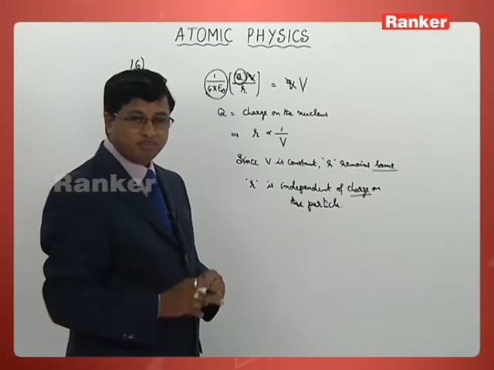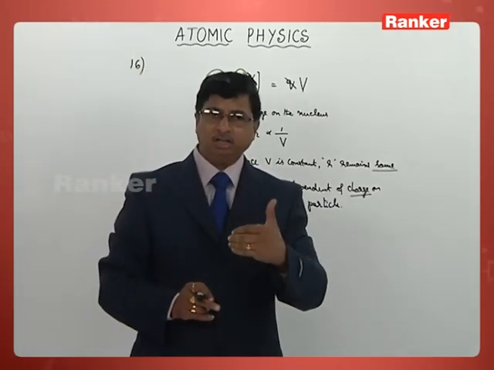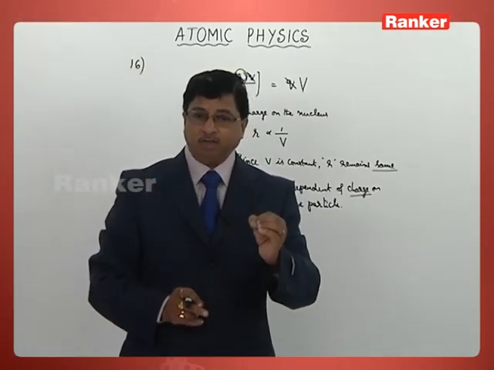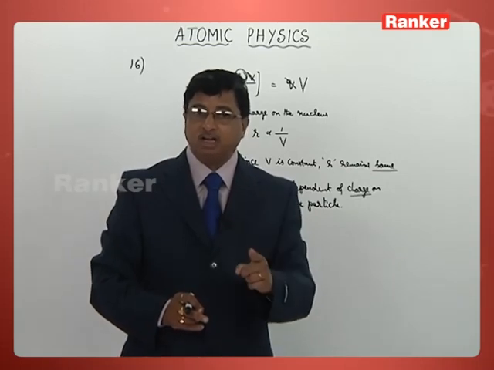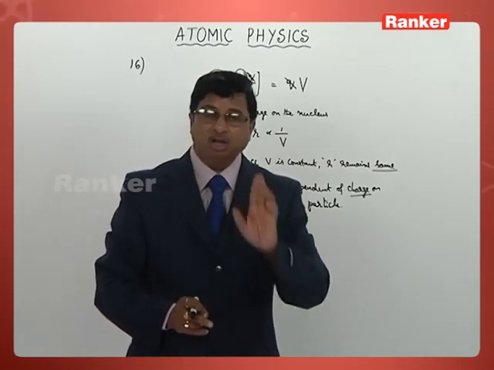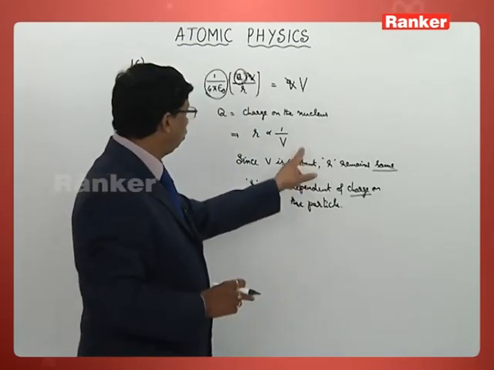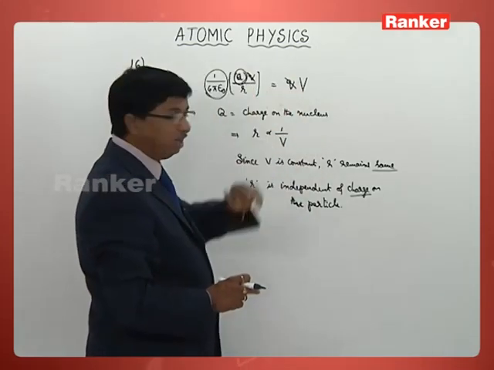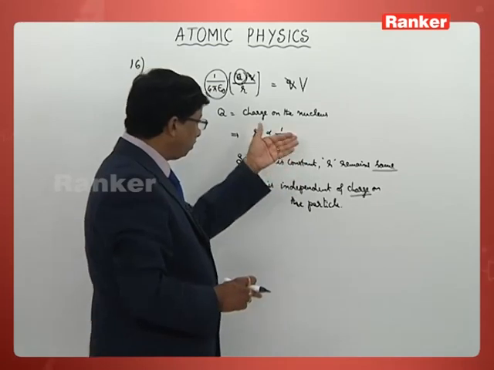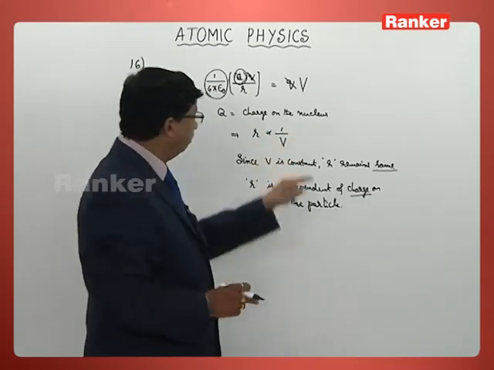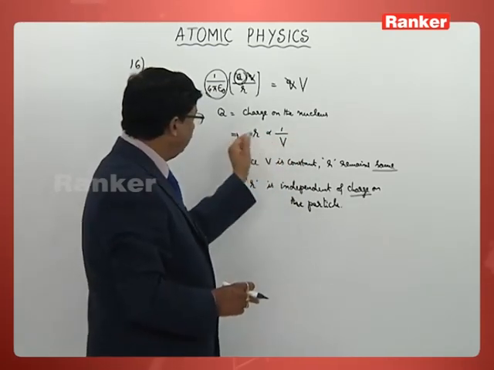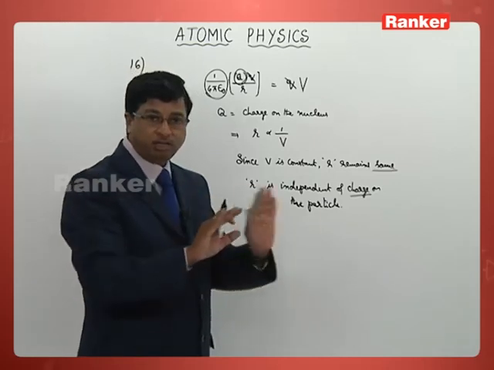In this problem, he has very clearly mentioned that if a proton is accelerated through the same potential, so the potential through which the alpha particle was accelerated earlier and the potential through which the proton is accelerated now, both potential values are equal. Therefore, r will not vary.